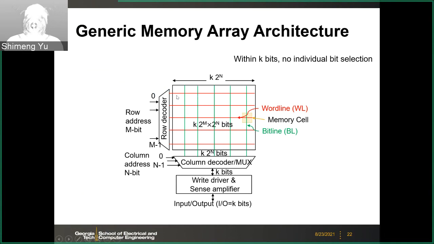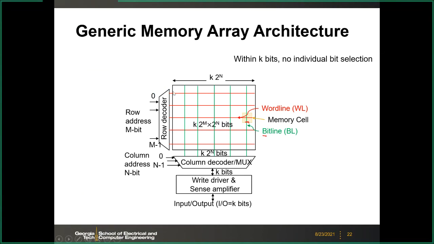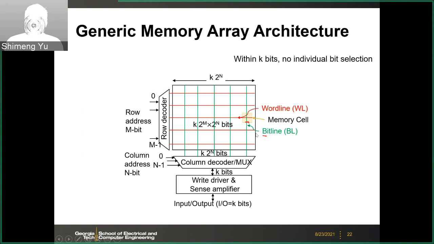In the 2D array, you have the word line horizontally for the rows, and the bit line vertically for the columns. The intersection of the word line and the bit line is the memory cell, and this memory cell can be SRAM, DRAM, or flash. This is a cell array. Basically this matrix is a 2D matrix of rows and columns, and each cross section is a memory cell.